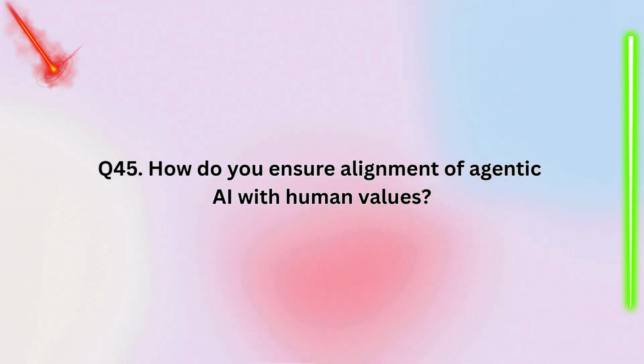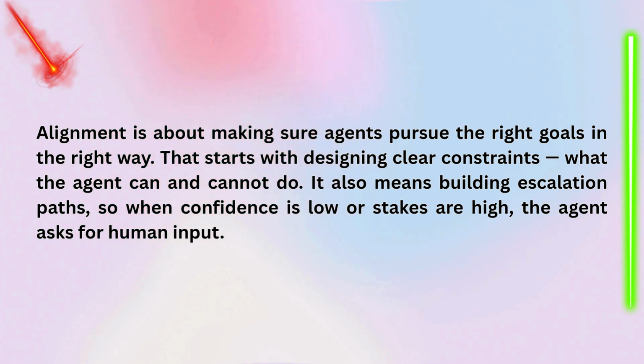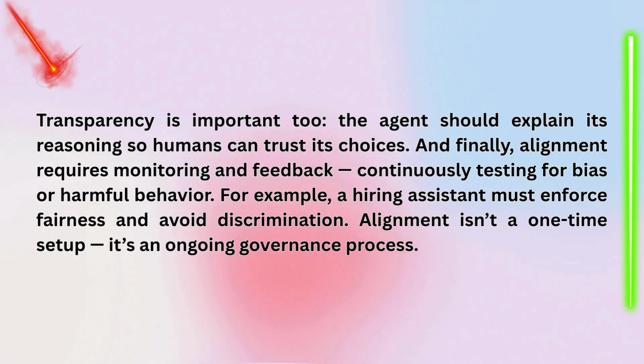How do you ensure alignment of agentic AI with human values? Alignment is about making sure agents pursue the right goals in the right way. That starts with designing clear constraints, what the agent can and cannot do. It also means building escalation paths, so when confidence is low or stakes are high, the agent asks for human input.